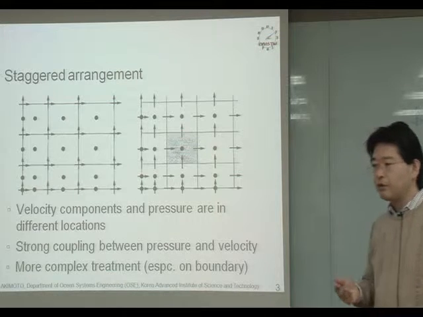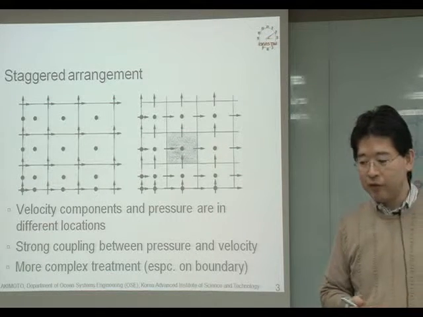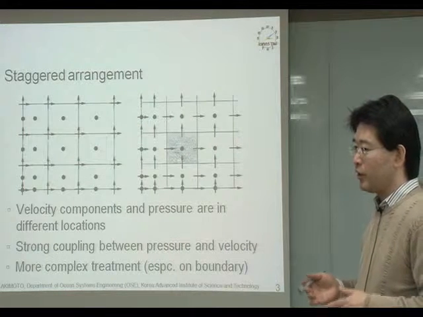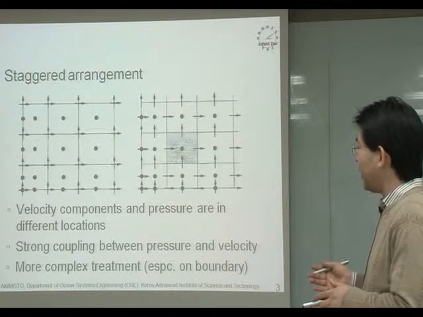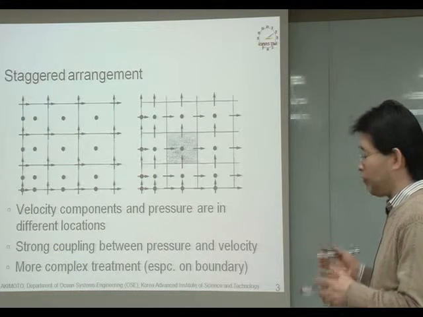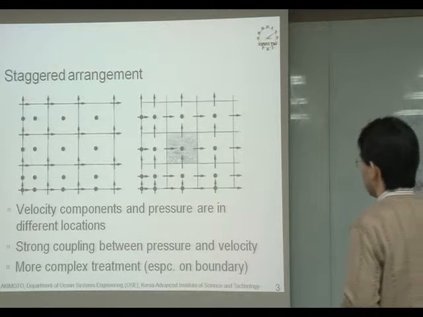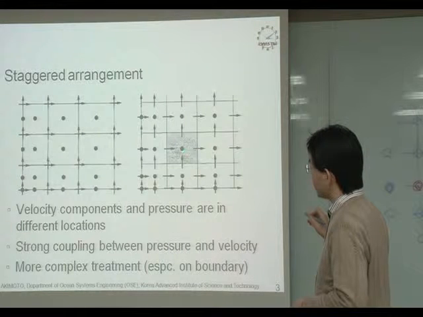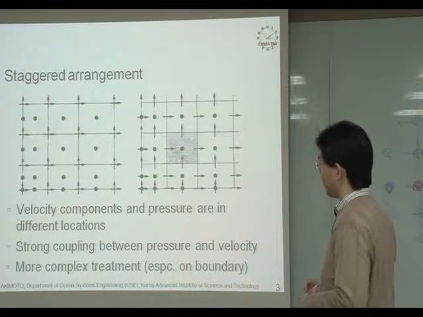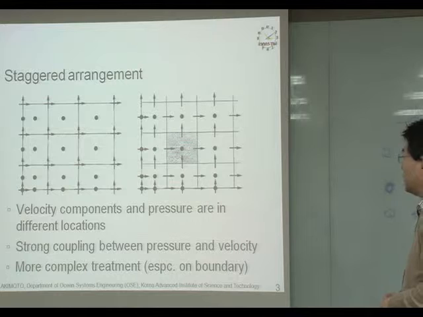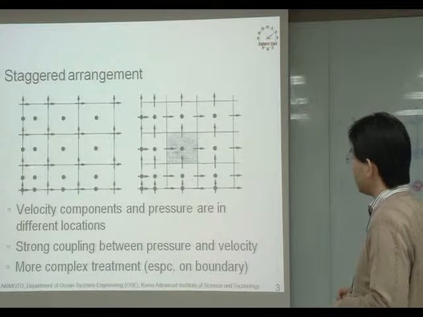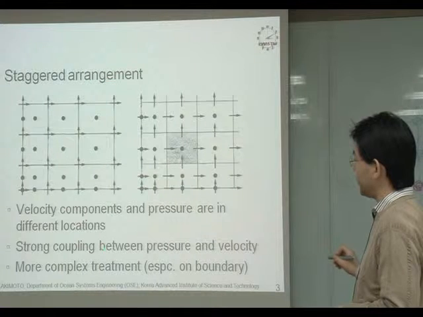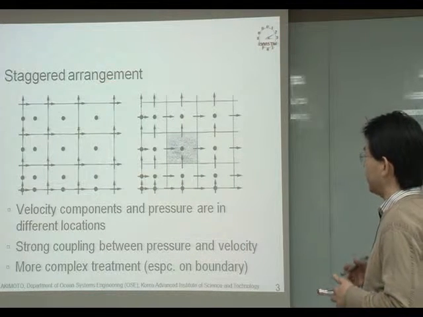So the definition points of the velocity components are different. U and V are located in different places. And pressure is in the center of the control volume. It shows strong coupling between pressure and velocity field.